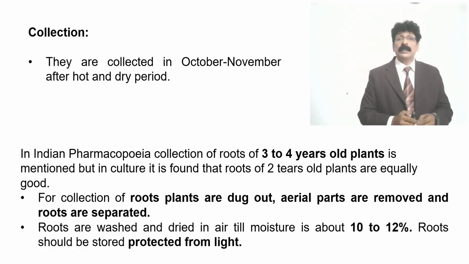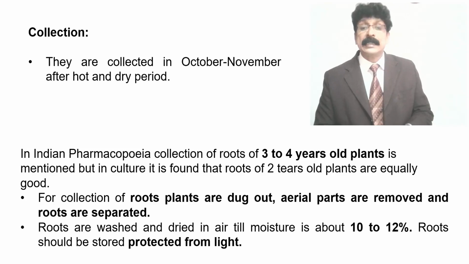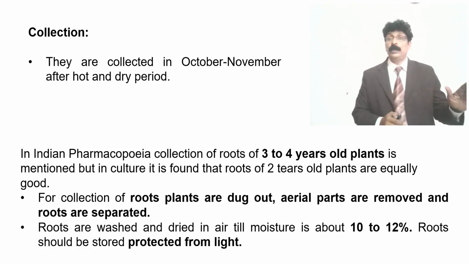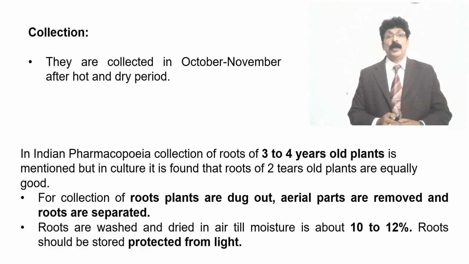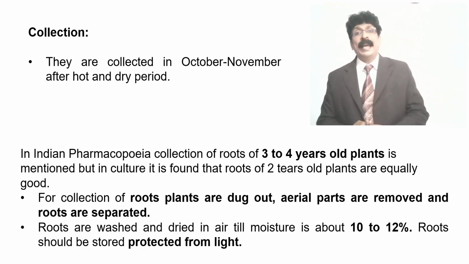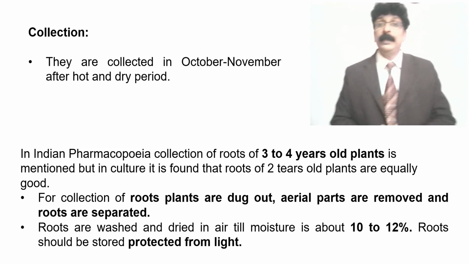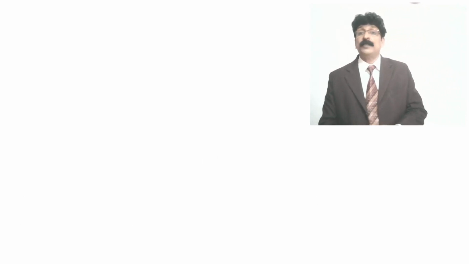For collection, the plants are dug out, aerial parts are removed by cutting, and roots are separated. Roots are washed and dried in air till moisture is about 10 to 12%. Roots should be stored protected from the light.